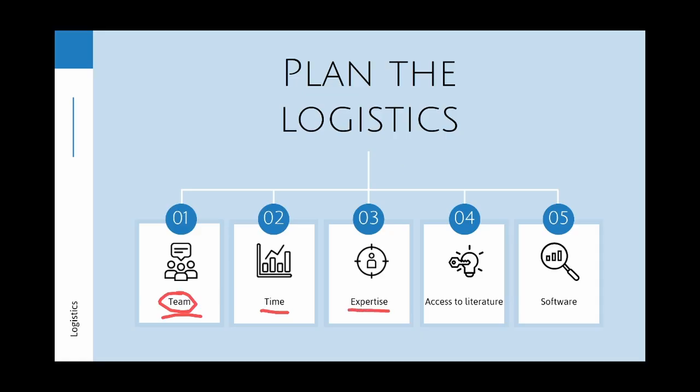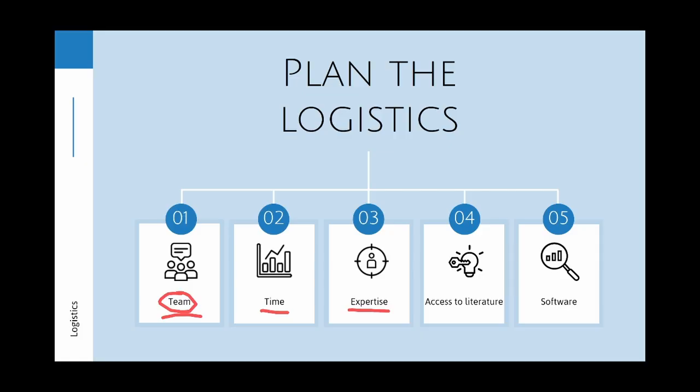Then the expertise is also important because you need people who are experts in doing these complex statistical analyses, and maybe you will need people that can search for studies. So having experts is an advantage.